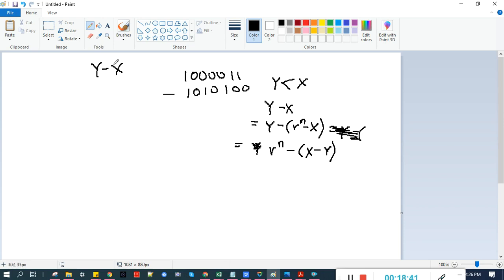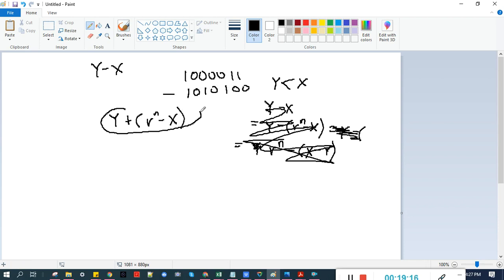Wait, it's kind of confusing. Let's just erase this one. Let's go back here. If y is less than x, we will still use y plus the 2's complement. We will still use the addition of the minuend plus the 2's complement of the subtrahend, so y plus r to the n minus x.